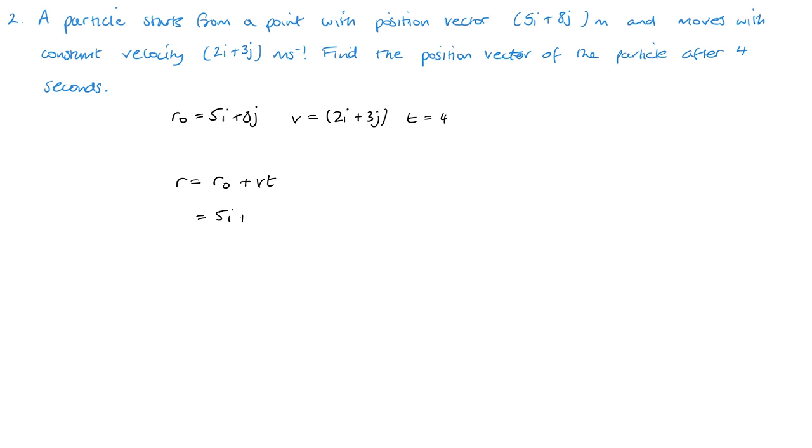So 5i plus 8j plus 4 times 2i plus 3j. So that's 5i plus 8j plus 8i plus 12j. So that is 13i plus 20j. And that is the position vector.